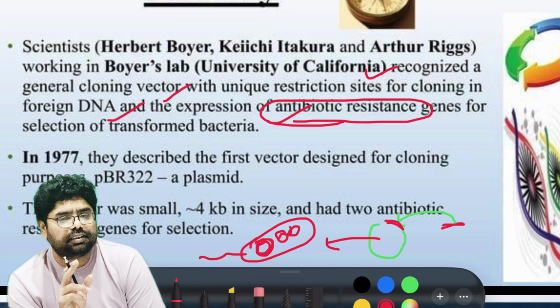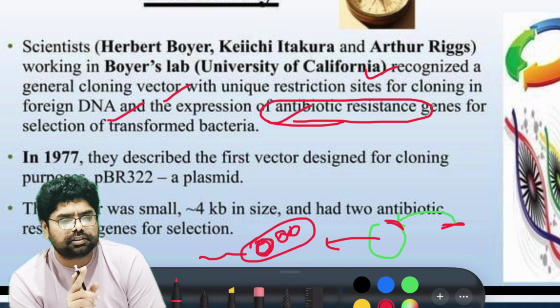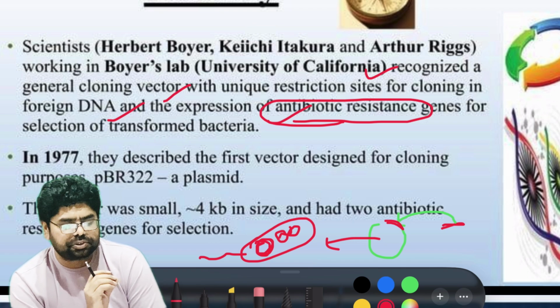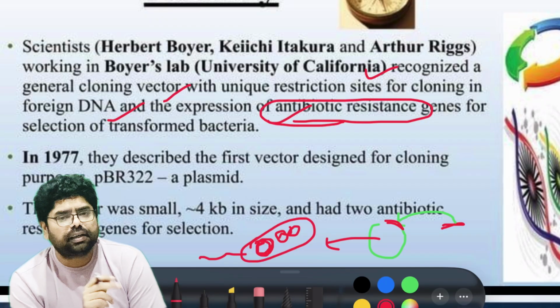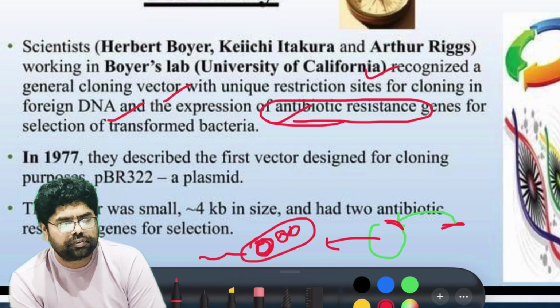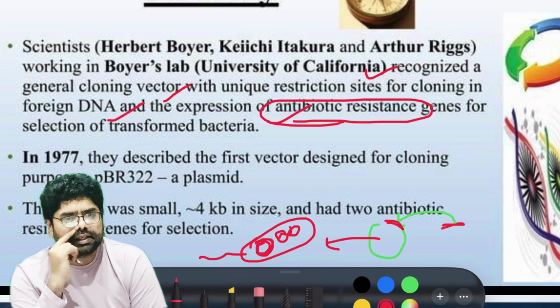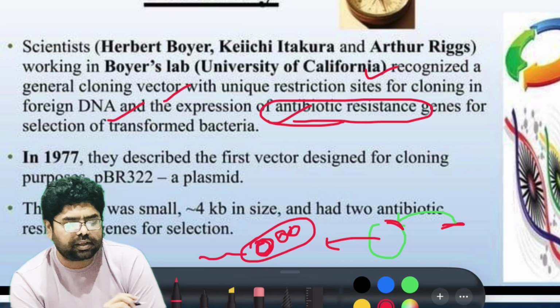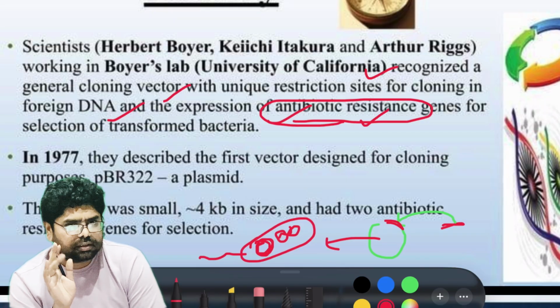In order to select your particular recombinant plasmid, you must add antibiotics or some selectable marker, so that only the bacteria that contain your gene of interest plasmid will grow. That's why a selectable marker is very important in cloning.